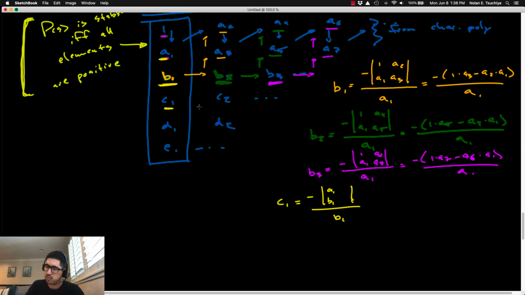The second column I get by going over one column and up two elements. So it's going to be A3, B2, like so. And so you'll have to take that determinant as A1 times B2 minus A3 times B1, all divided by B1. Okay, so that's C1.